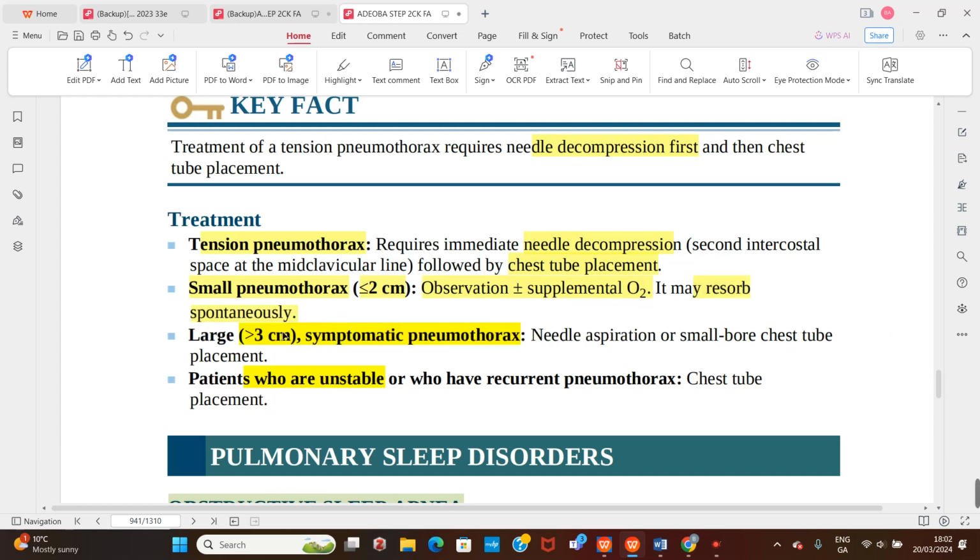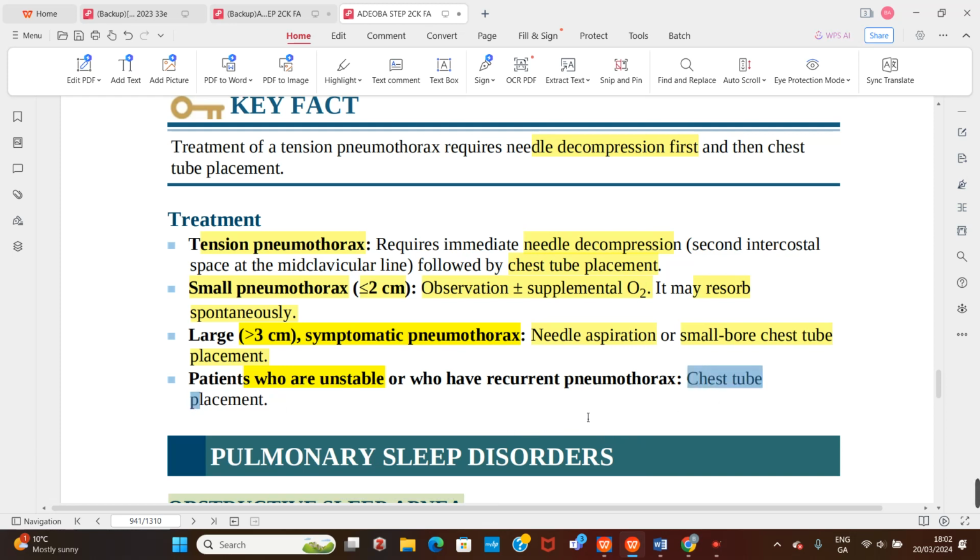But if it is large, more than 3, and the person is symptomatic, we need to do either a needle decompression or a small-bore chest tube placement. For large ones, which are the ones more than 3. But for people that are unstable or have recurrent pneumothorax, you have to put a chest tube there to prevent it from happening.